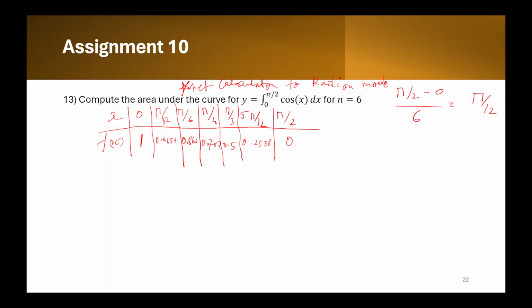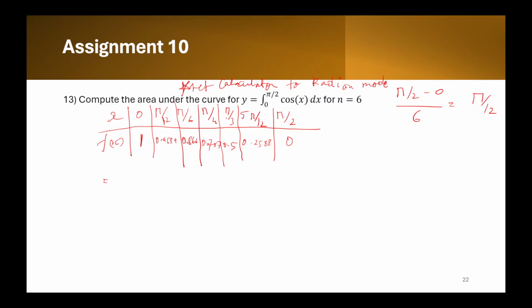We are not given any method here. So the number of data points is 0, 1, 2, 3, 4, 5, 6. We can either apply Simpson or trapezoidal rule. I'm applying Simpson's rule.